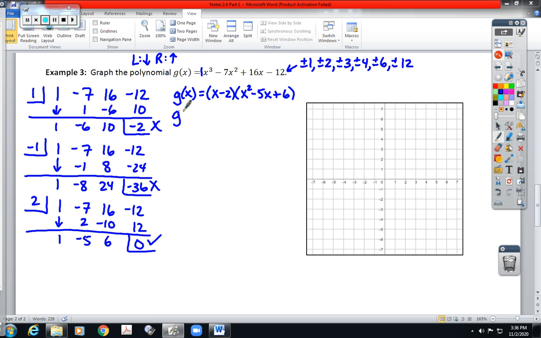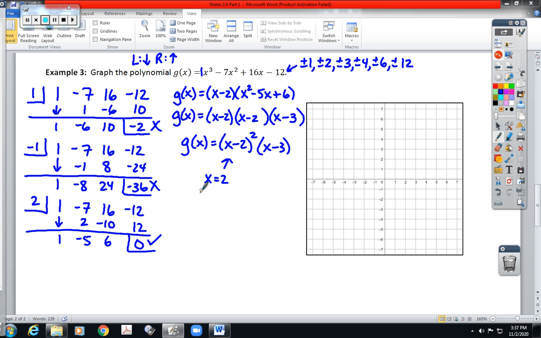Now that factors, again, into 2 numbers that multiply to 6 and add to negative 5, which would be negative 2 and negative 3, which means g of x can be written as x minus 2 squared times x minus 3, which means we have 2 zeros, x equals 2, with a multiplicity of 2, and x equals 3, with a multiplicity of 1.